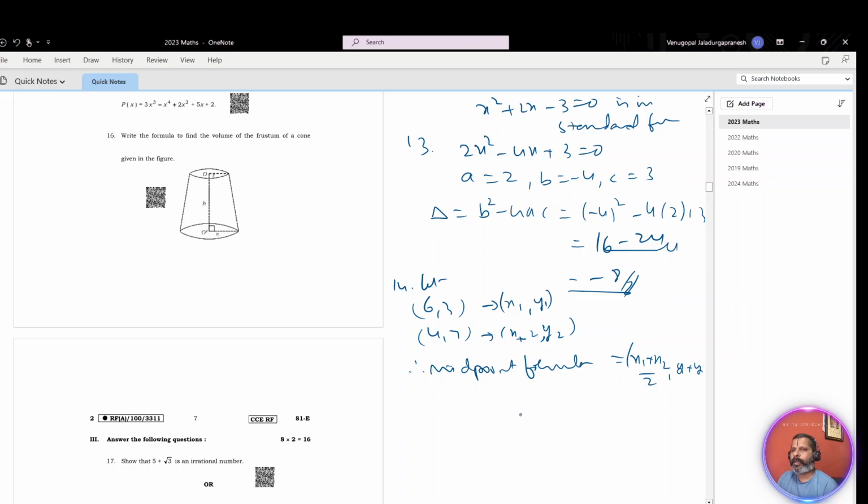Just add: 6 plus 4 by 2, 3 plus 7 by 2, that is 5 comma 5, because 6 plus 4 is 10, 10 by 2 is 5, and 3 plus 7 is 10, 10 by 2 is 5. The 14th is done.